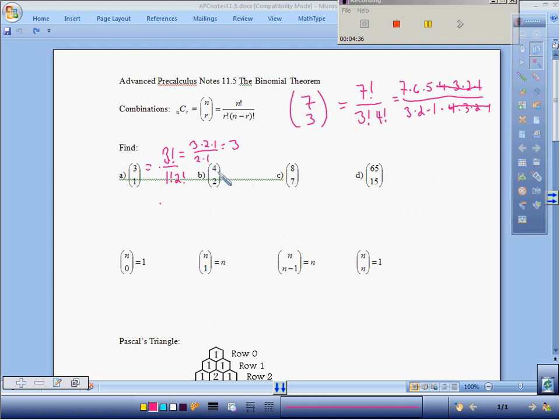So this one here, 4 combination 2, that means you have 2 things. The shortcut way is to write this as 4 times 3, because I know I have 2 items, and divide that by 2 factorial. Okay? So that would be what? What's that equal to?